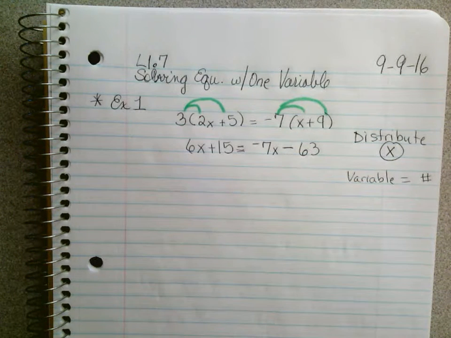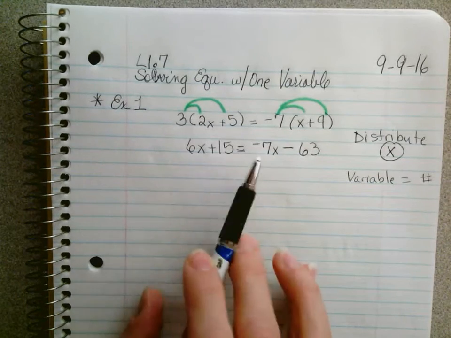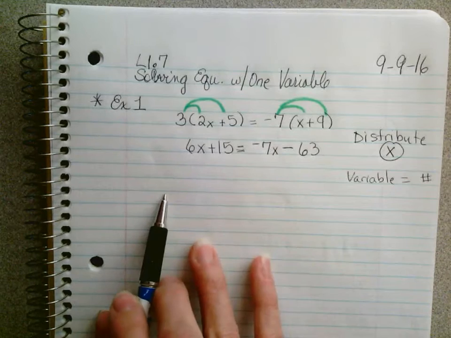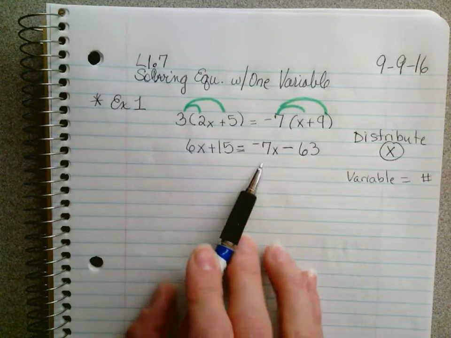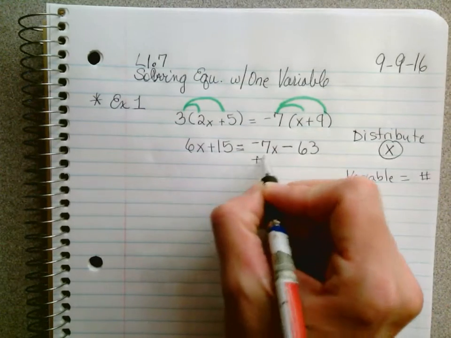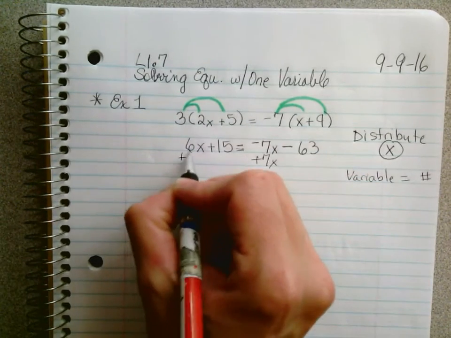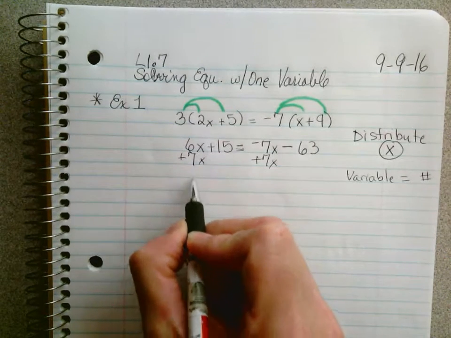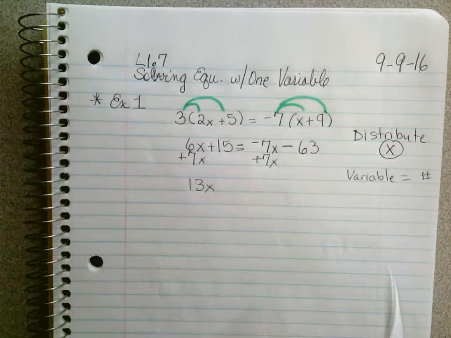So the simplest way to do that is either subtract 6x over to here, and then it eliminates it from over here. Or you can add 7x, and that eliminates it from here. Let's add, because we all like to stay positive in life. By adding 7x, you end up with 13x.